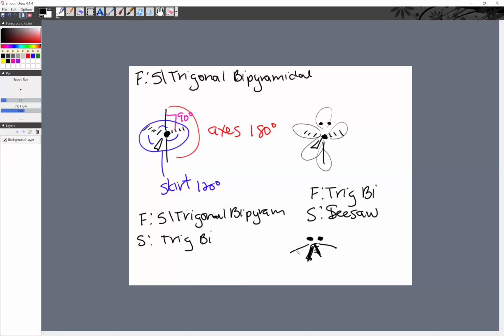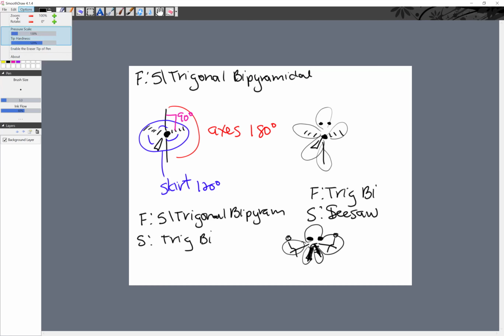If you can visualize with me, this is a seesaw. This is where the person sits, and that's where the person sits. The reason it's called a seesaw is because that's how we visualized it. 1, 2, 3, 4, and 5. And that's where the name comes from.